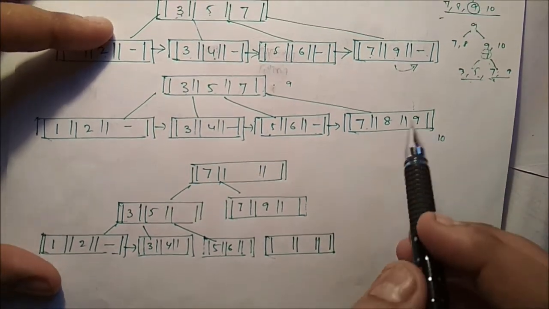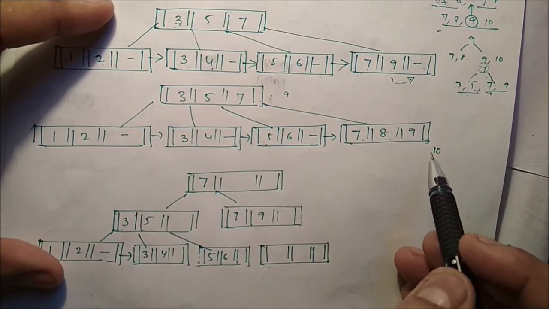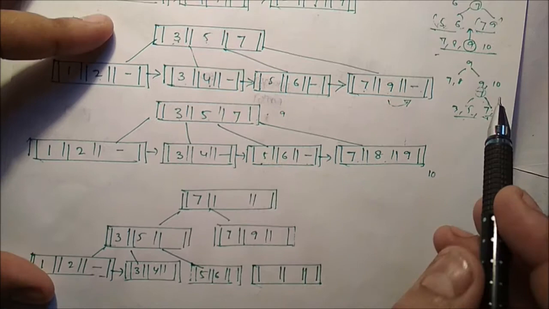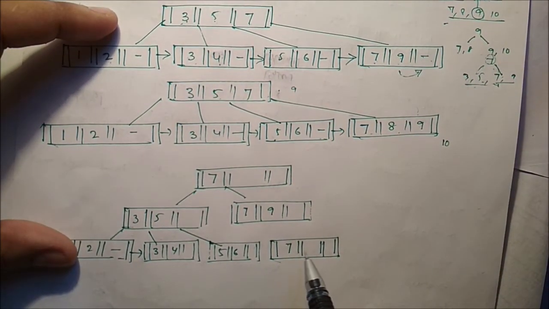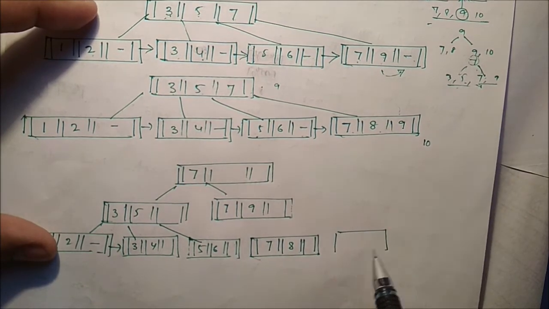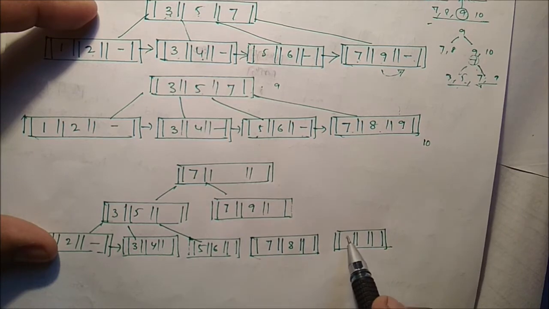So now here 7, 8, 9, 10. So it will be split into 2 parts, 7, 8 and 9, 10. Okay, 7, 8 and 9, 10. So 7, 8 and 9, 10.